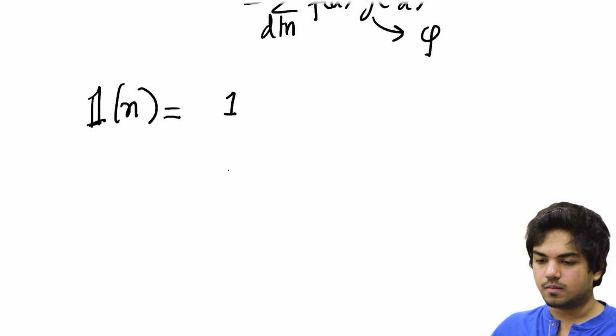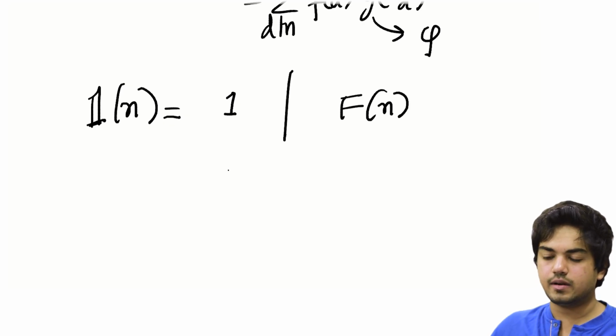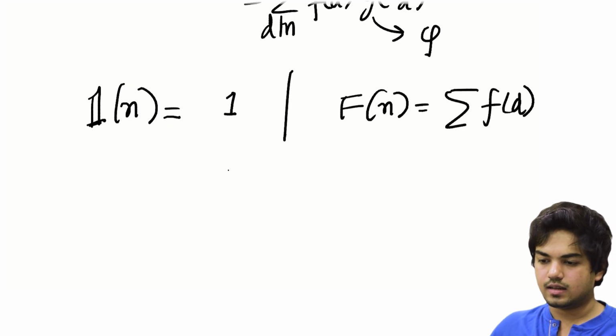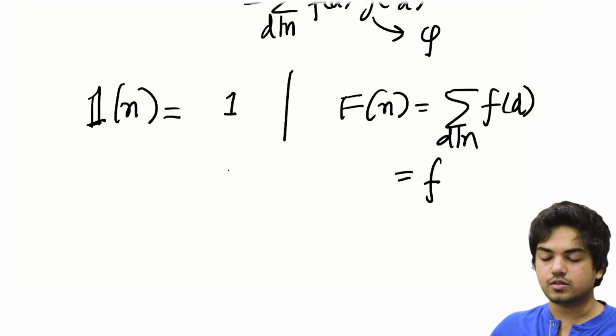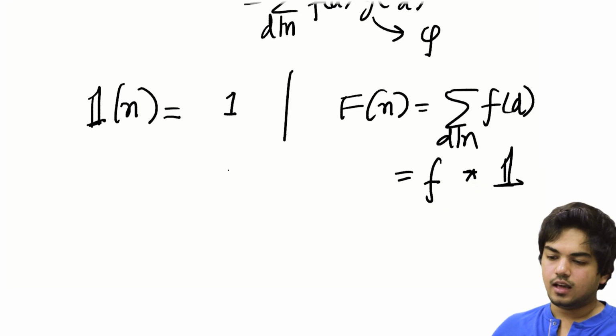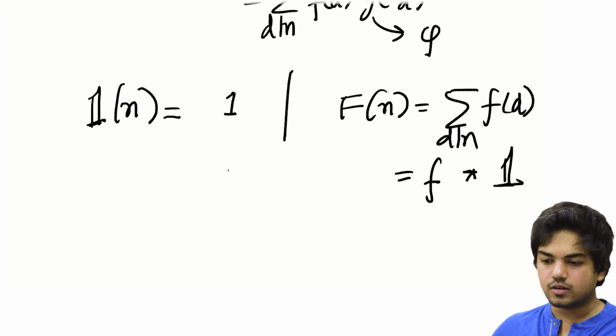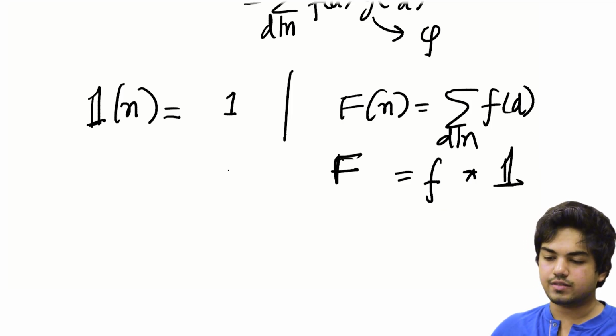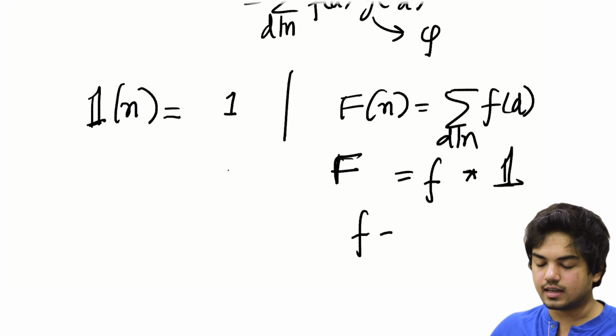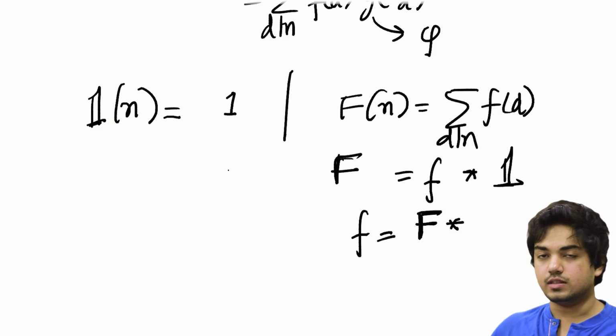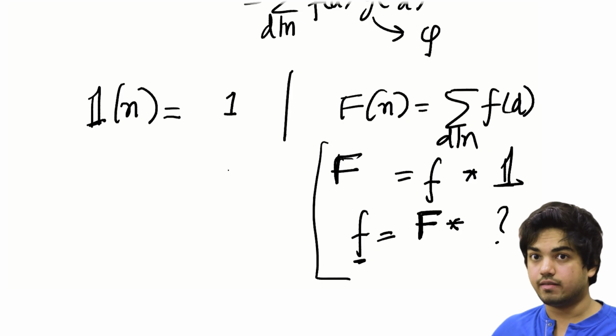Because in some way, I had defined capital F of n as this sum, which is just the Dirichlet convolution of f with the big 1 function, right? And so if I could somehow take an inverse, I could actually write small f completely in terms of capital F, which can be very, very helpful sometimes.